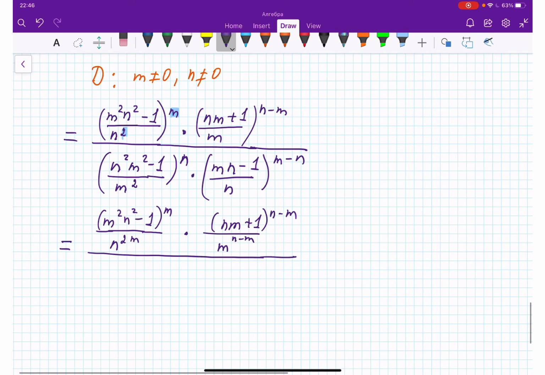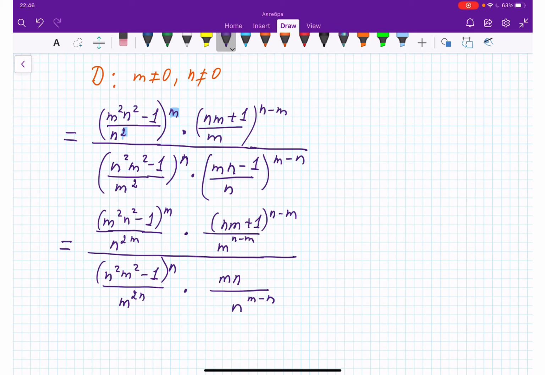Next, I have in the denominator m^(2n), and I have (n² m² − 1)^n, times n^(m−n), and in the numerator we have (mn − 1)^(m−n). Yeah, m − n. Okay. Next.